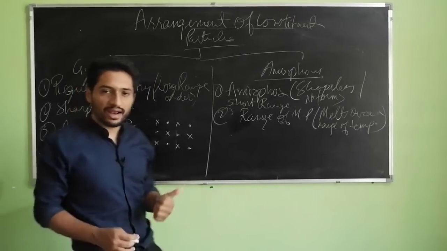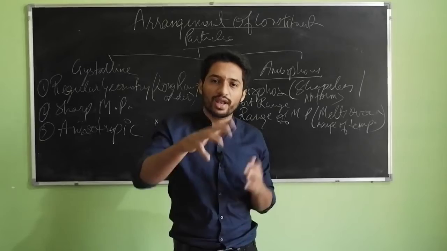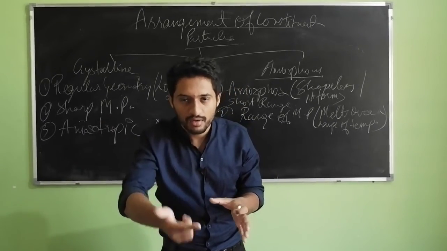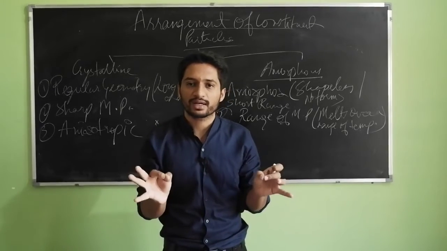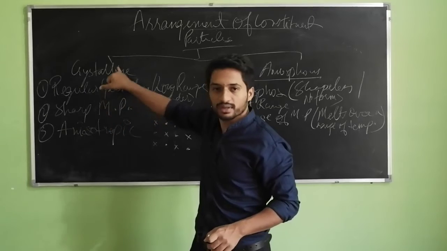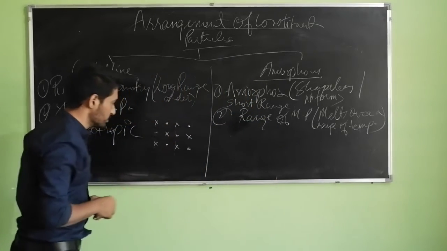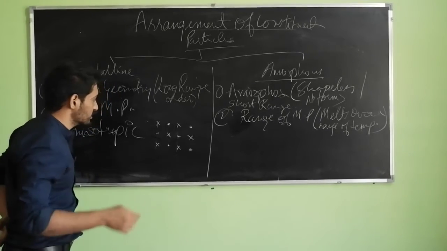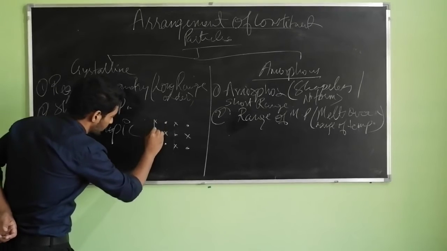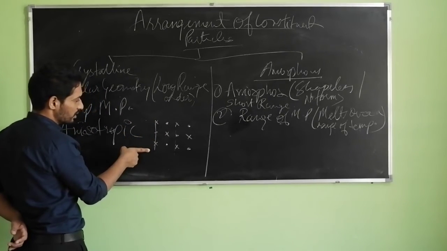What happens in anisotropic solids is that there are a few physical properties that, when I measure in different directions, give me different values, for example resistivity or refractive index. Those are known as anisotropic solids. Why are crystalline solids anisotropic? I'll give you the reason. Let's say I measure any physical property. If I go along this line, I see a cross, I see a dot, then I see a cross.